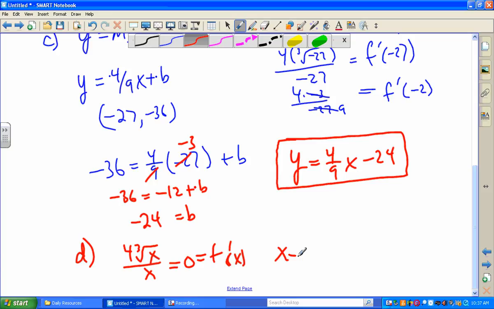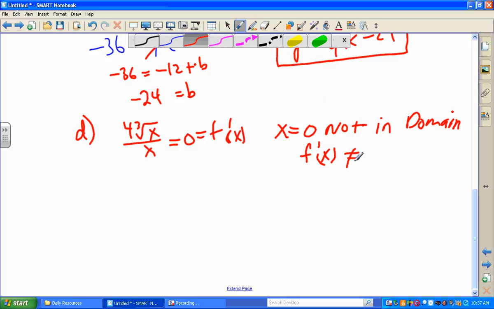So since x equals 0 is not in the domain, f prime of x cannot equal 0 for any x. Okay? That's not too bad.